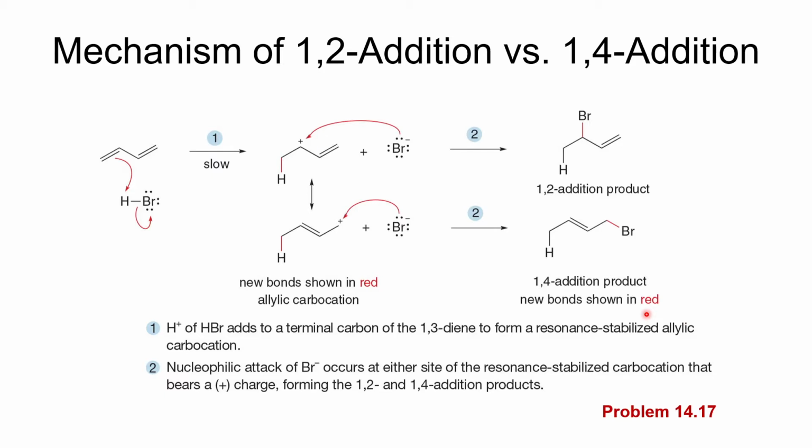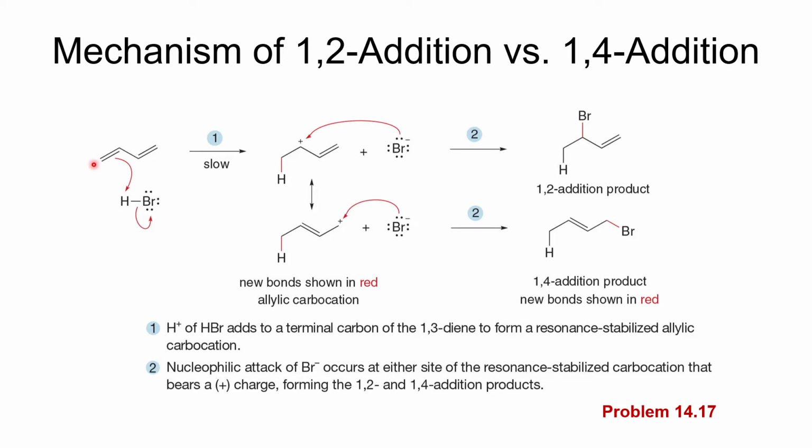So here is the mechanism of 1,2 addition and 1,4 addition, and why we get both products. Of course, when we do electrophilic addition, the first thing that happens is that the pi bond reacts with the hydrogen on the HBr, and that hydrogen goes to the carbon that has the most hydrogens.